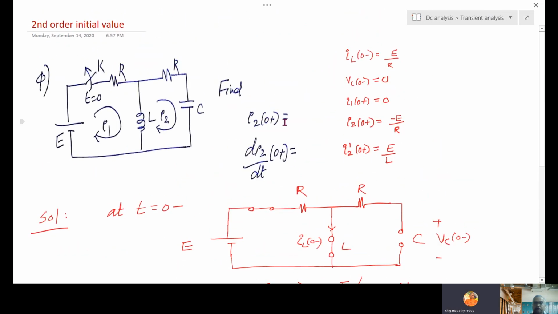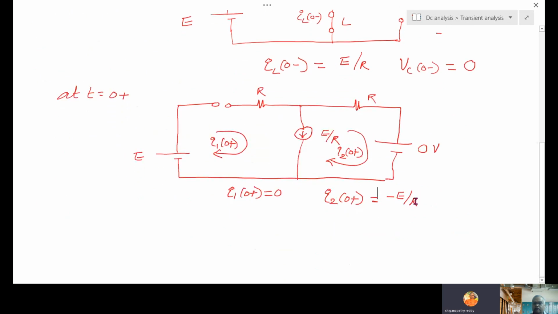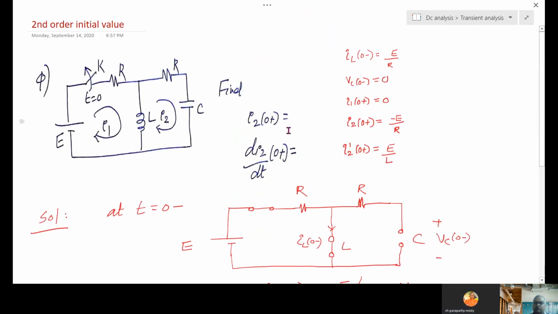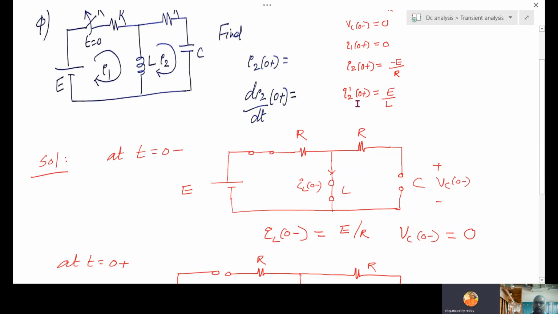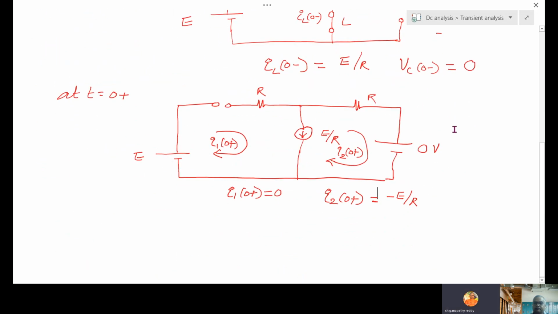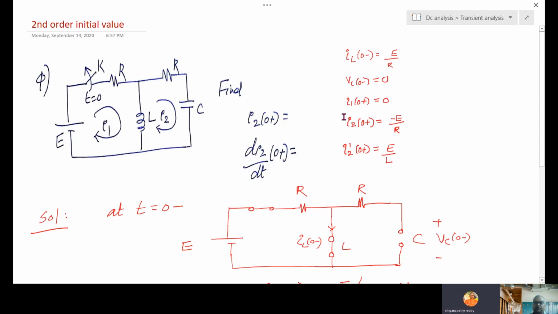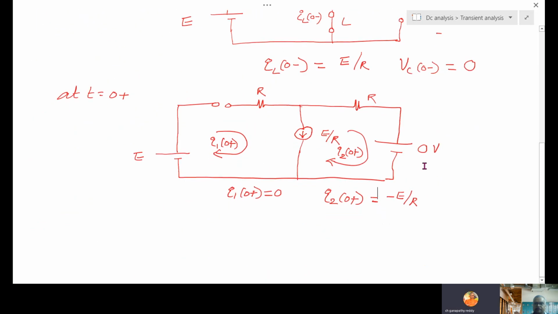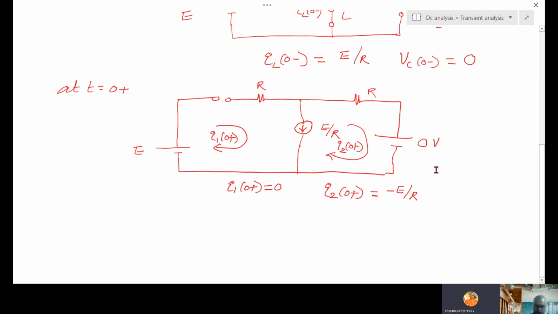Now, what is the question? Next we have to find i2'(0+). Whenever there is a derivative, we have to form one time domain equation. So in this loop, what is the loop equation?